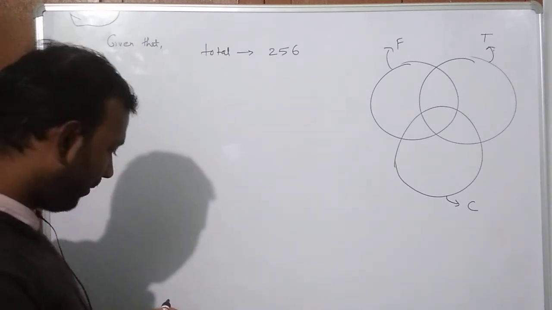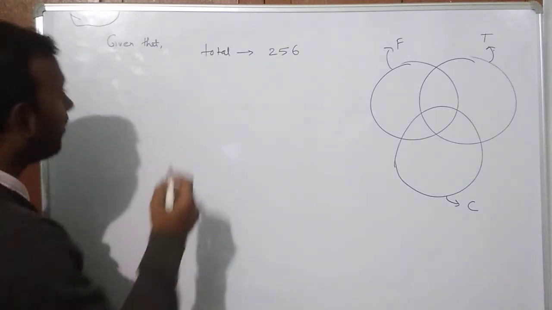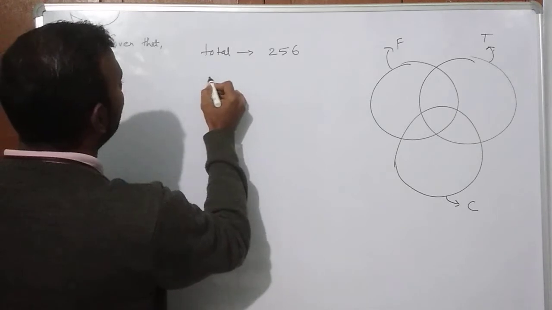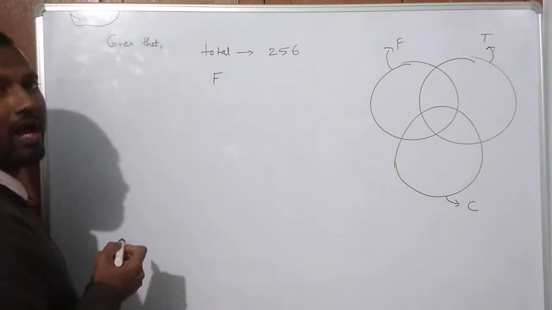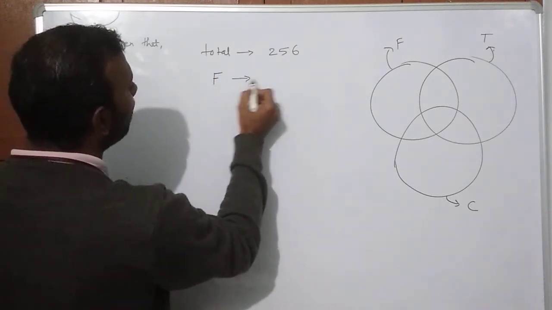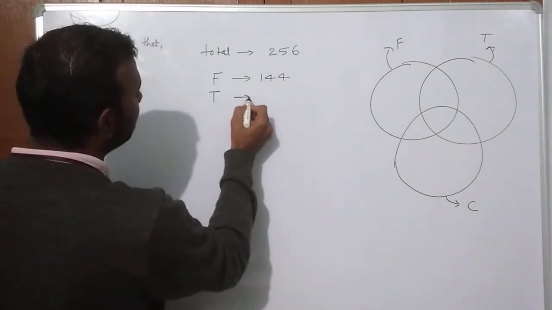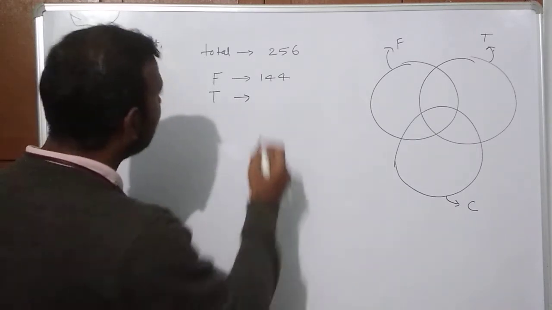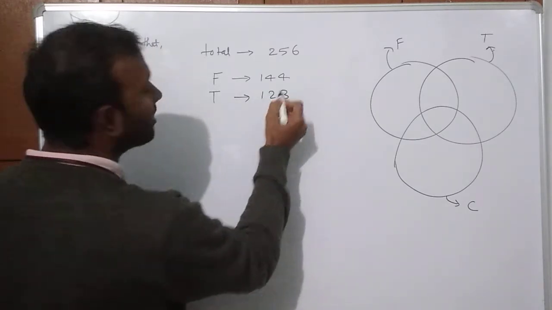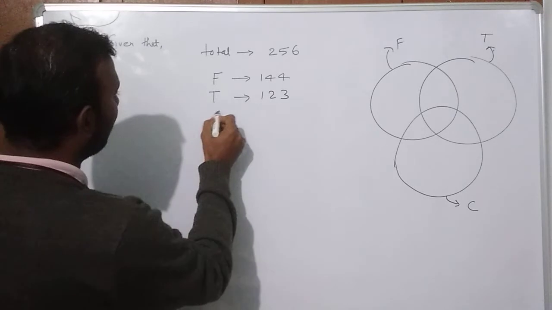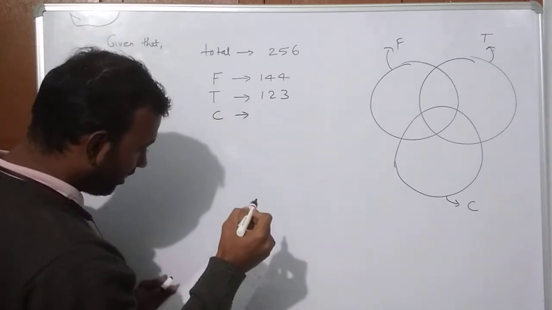And for football players, it is given that it is 144. Football is represented by F. How many can play football? 144. And how many can play tennis? It is given that 123 members can play tennis, and for cricket it is given as 132.